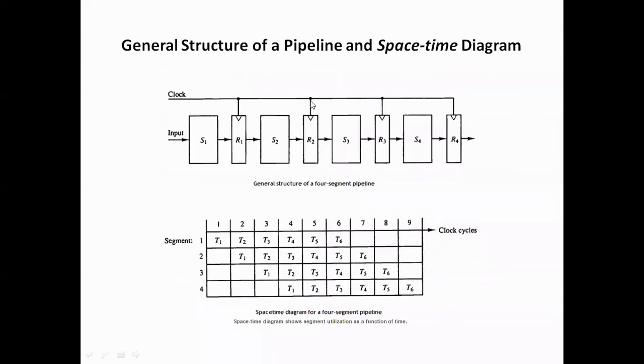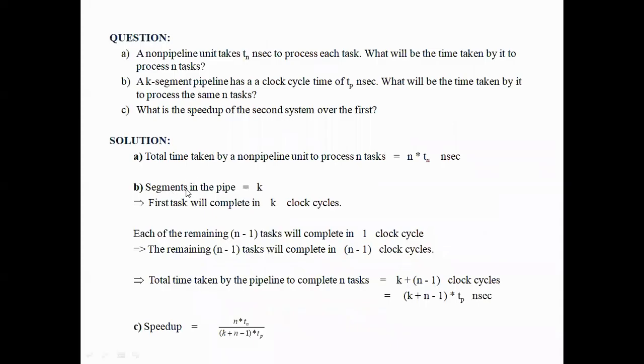Here we had 4 segments, and T1 was completed in 4 clock cycles. So if there are k segments, the first task will always be completed in k clock cycles.